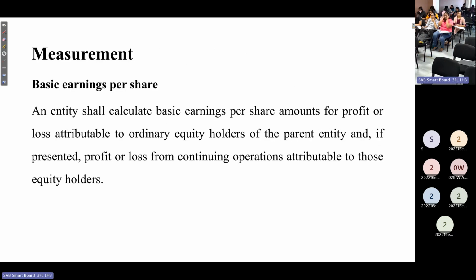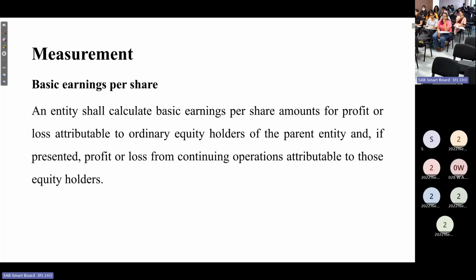Measurement. Basic earnings per share, you already know how to calculate. Profit attributable to ordinary shareholders divided by the weighted average number of ordinary shares. Very simple. If preference shares are issued, you should not count their dividends.